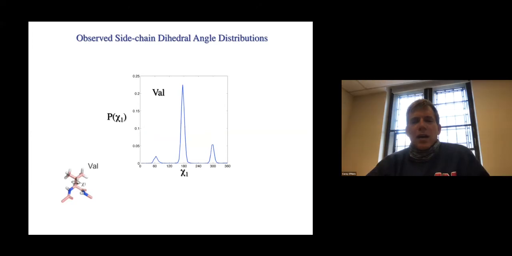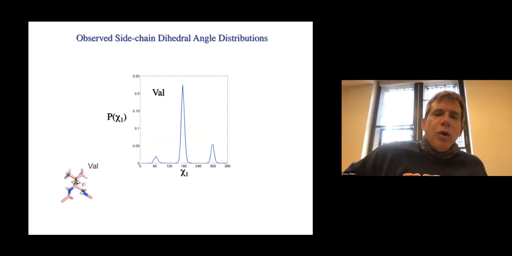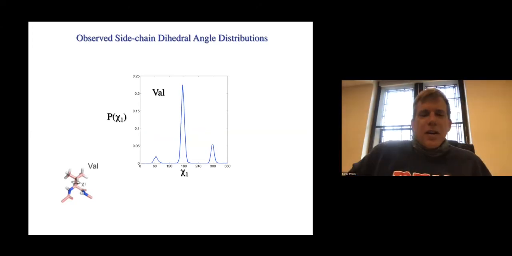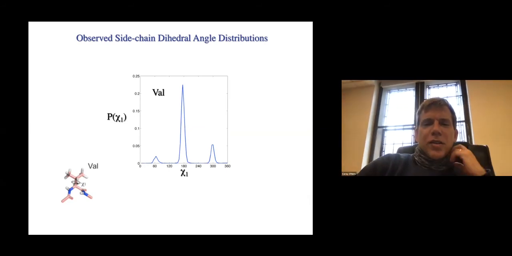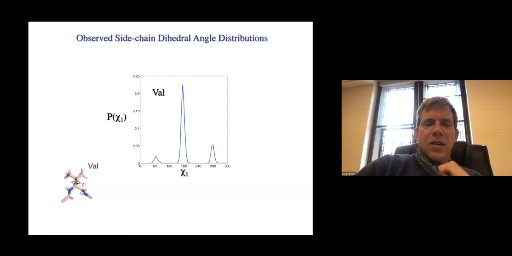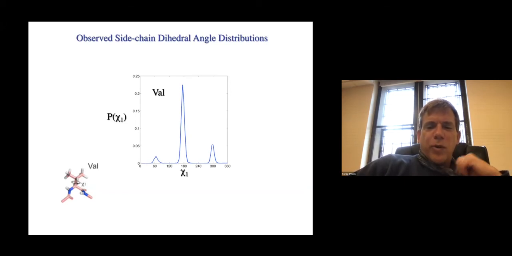So again, what we're interested in is understanding what's the connection between atom size and the ability to predict side chain dihedral angle distributions. So I don't think I've shown this one before. This is the valine side chain dihedral angle distribution from X-ray crystal structures.